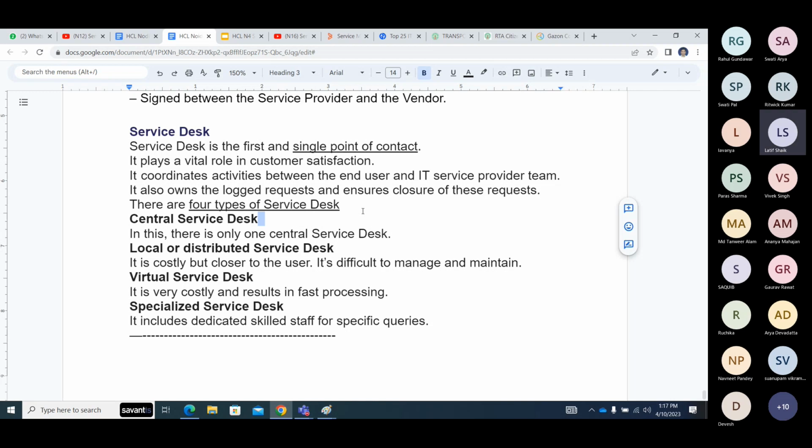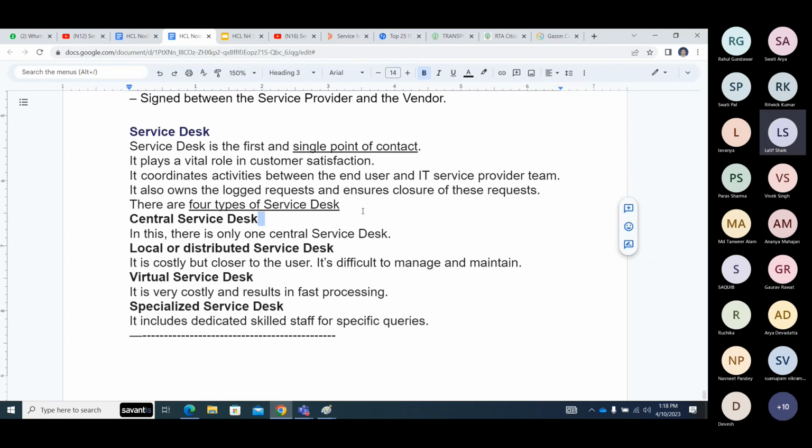Local or distributed service desk means every place gets one service desk: in Hyderabad one, in Mumbai one, in Chennai one. They distribute multiple service desks. It is local, but it becomes very costly to maintain. But it is very close to the user.